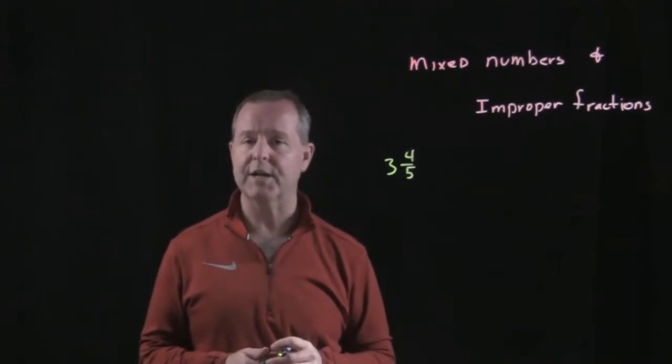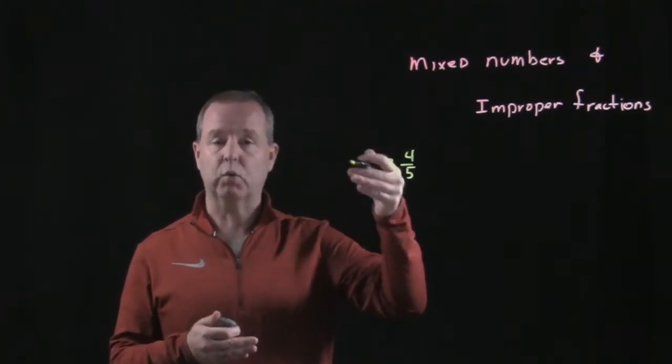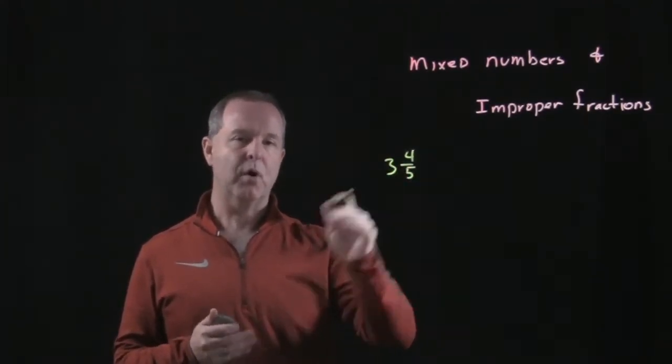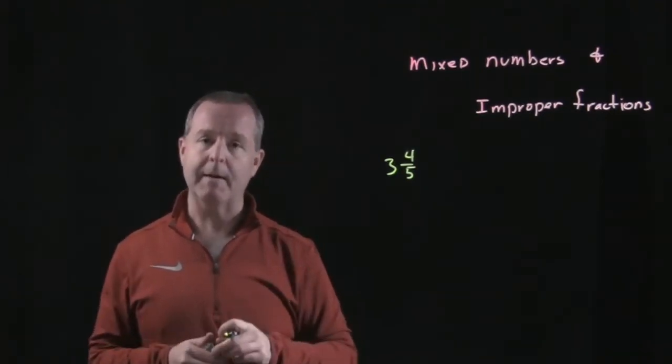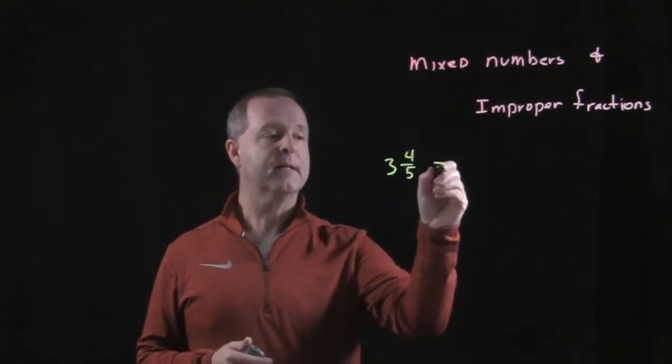An improper fraction has a numerator that is greater than the denominator. The process that we do that, I'm going to explain it two different ways, but the algorithm that some of us might be comfortable with or remember does this.